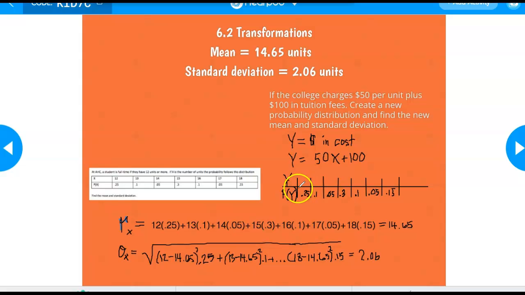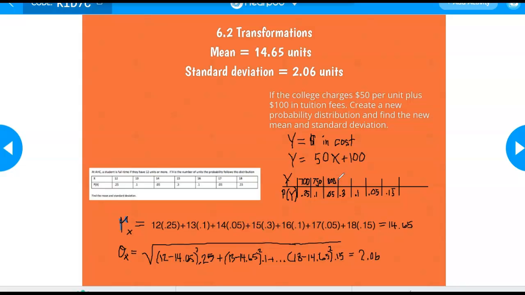So see, 12 times 50 is 600, and plus 100 is 700. 13 times 50 is 650. Plus 100, I think, is 750. And then 800.